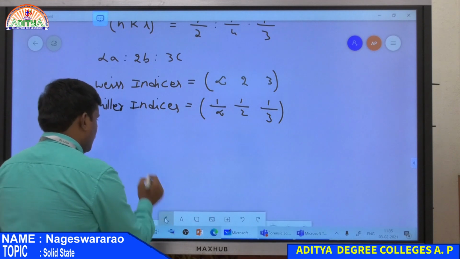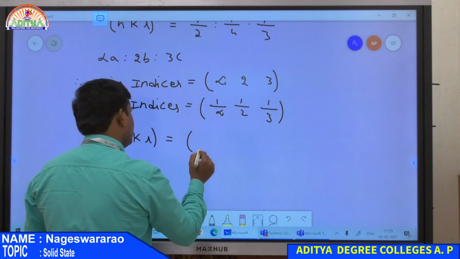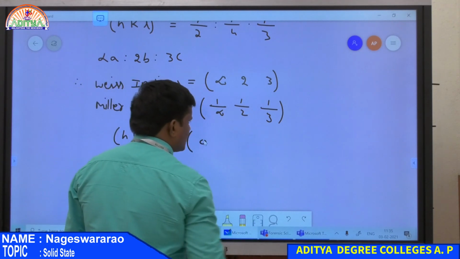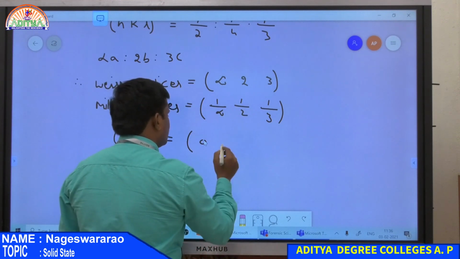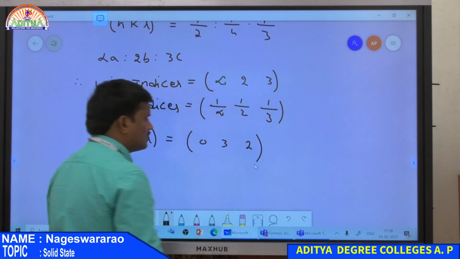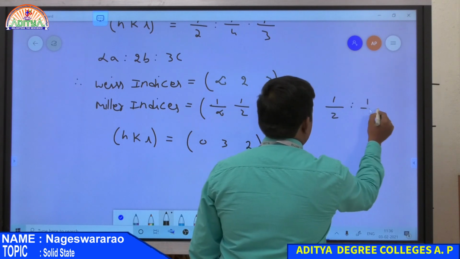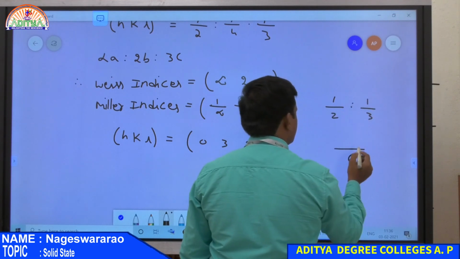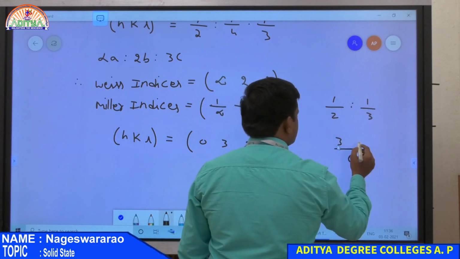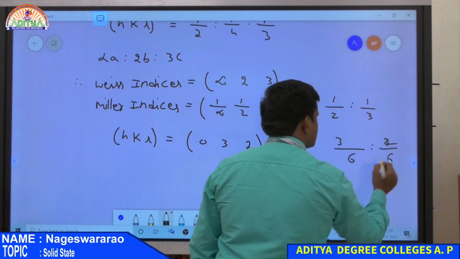So HKL, the Miller indices: 1 by infinity is simply 0, and taking 6 as the LCM of 2 and 3, 1 by 2 becomes 3 by 6 and 1 by 3 becomes 2 by 6.